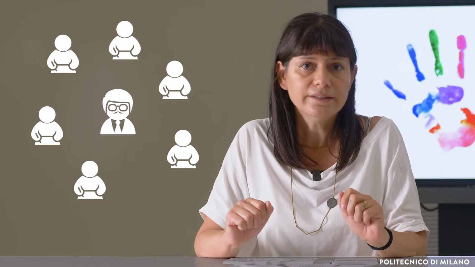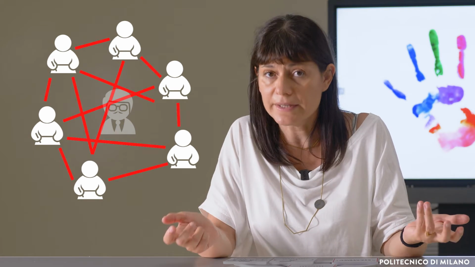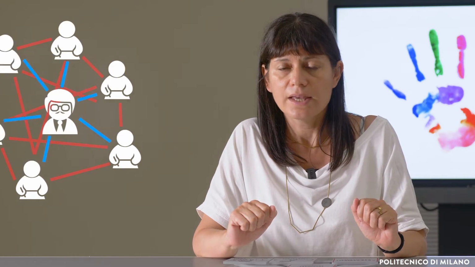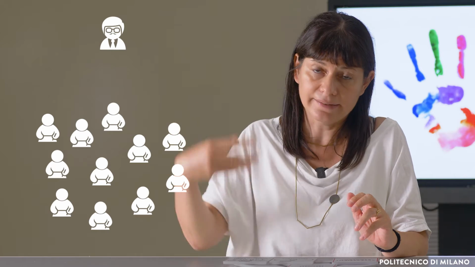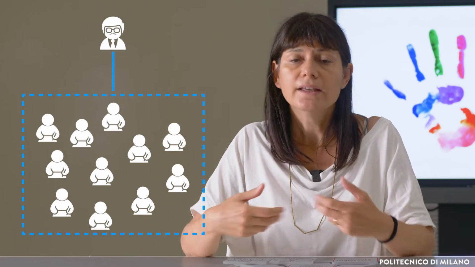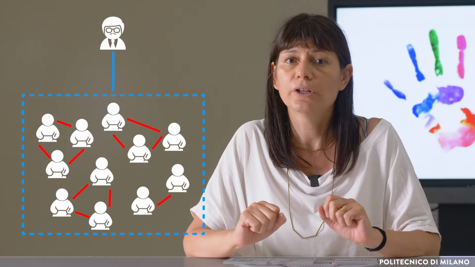In other words, in this context, it is easier to imagine interaction among peers and also between teachers and single students. In large classrooms, the focus shifts to the vertical interactions, with interaction between the teacher and the class, seen as a group, and among students divided into smaller groups.